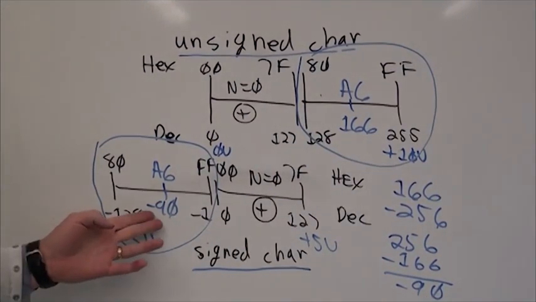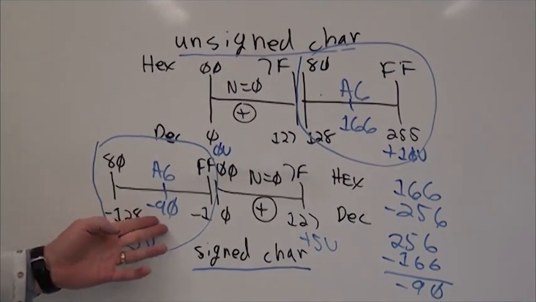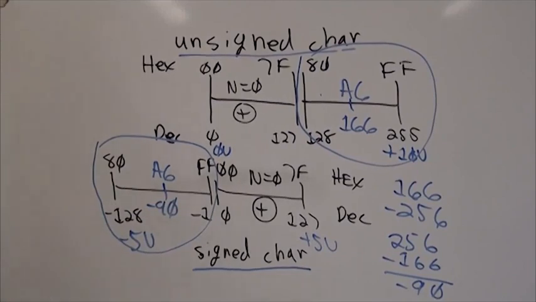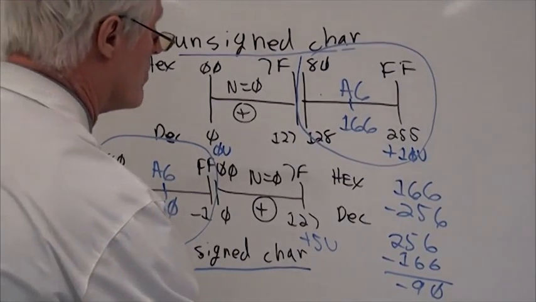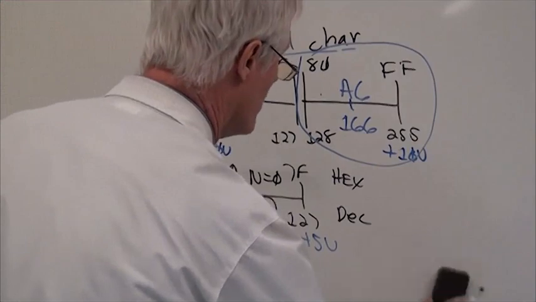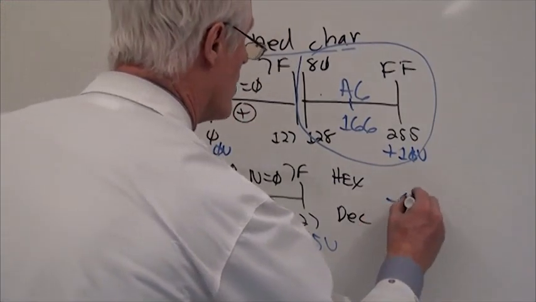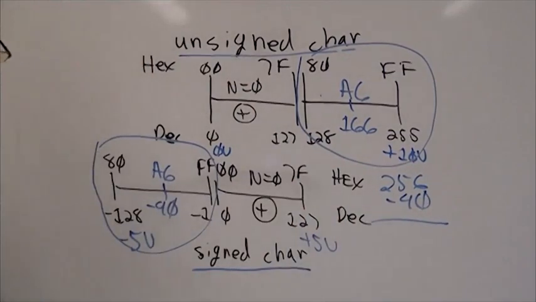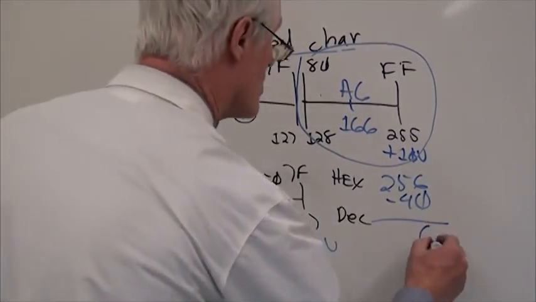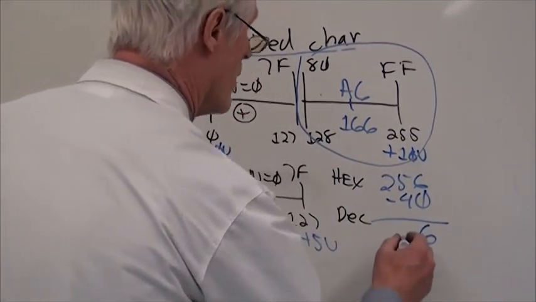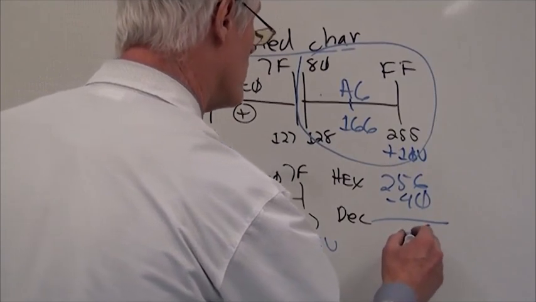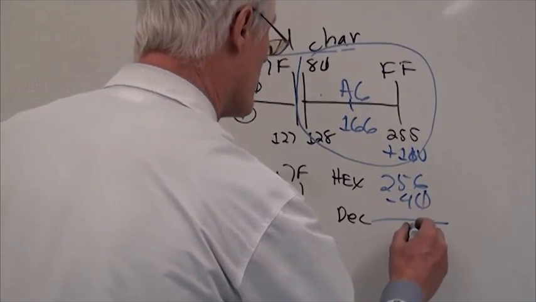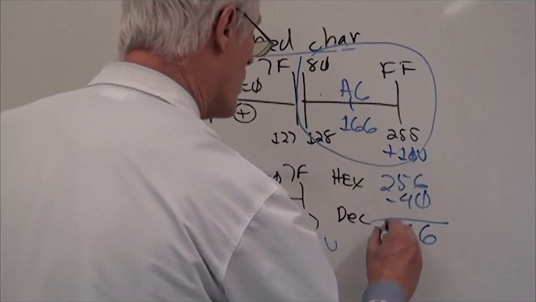If you were given minus 90, how do you go the other way? Well, if you subtract 256, the simple thing here is to add 256. So we start with minus 90. Minus 90 plus 256 is like subtracting from 256. This is 6, and we get into a borrow, so that's 9 and 6, and that's 166.